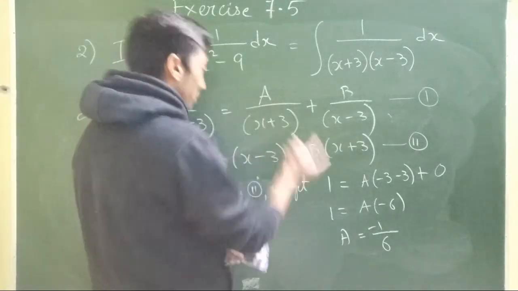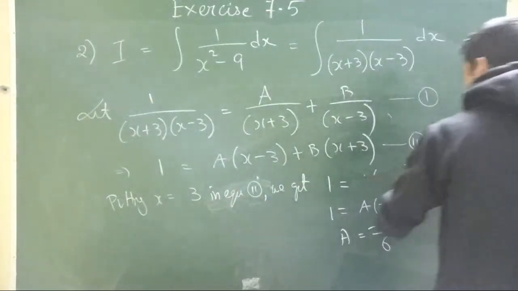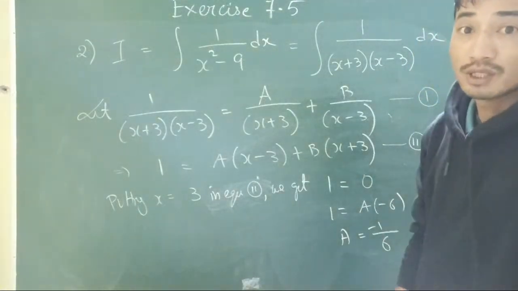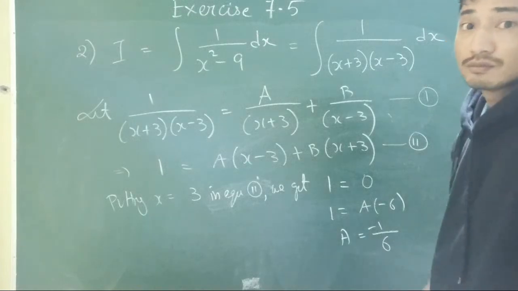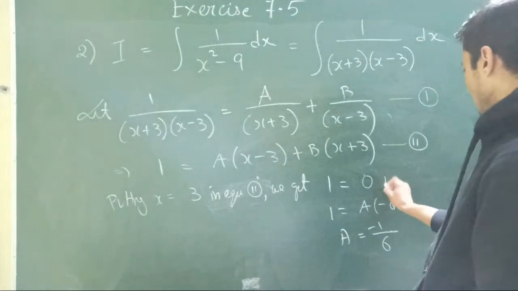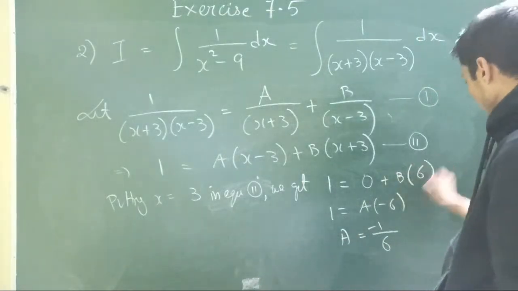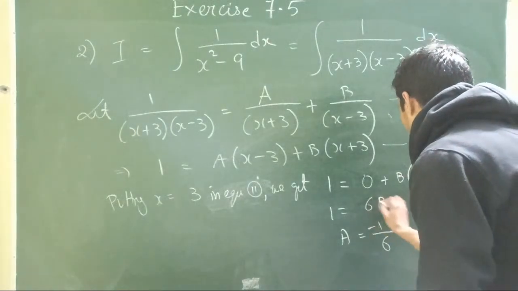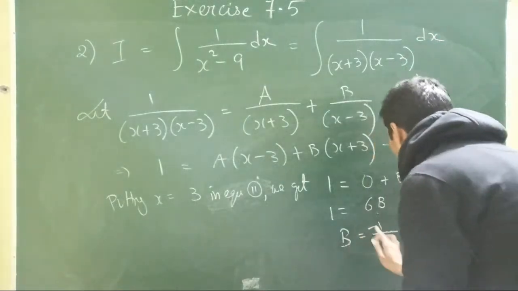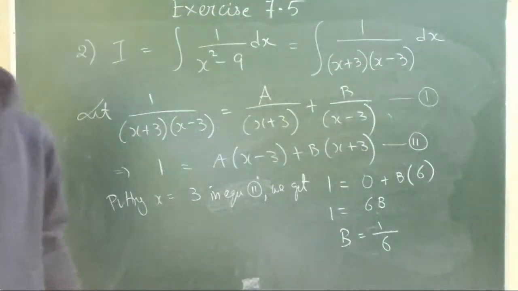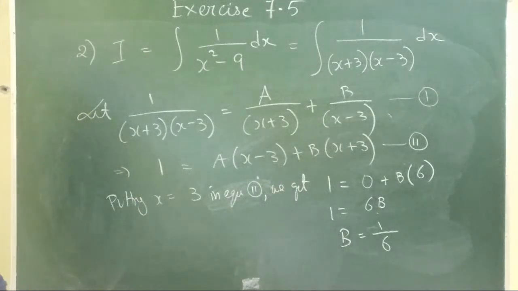Then 1 will remain 1, a of course this time will disappear, because 3 minus 3 is 0. Plus b, 3 plus 3, 6. So 6b, so that my b becomes plus 1 by 6. So b value is plus 1 by 6.